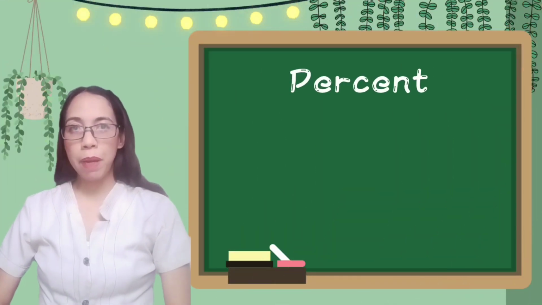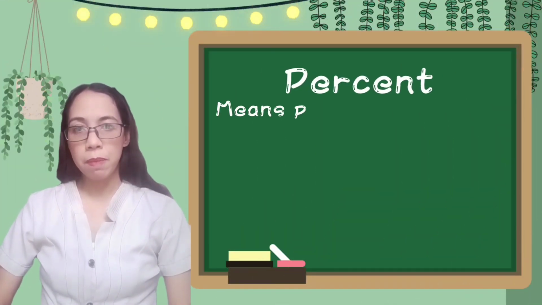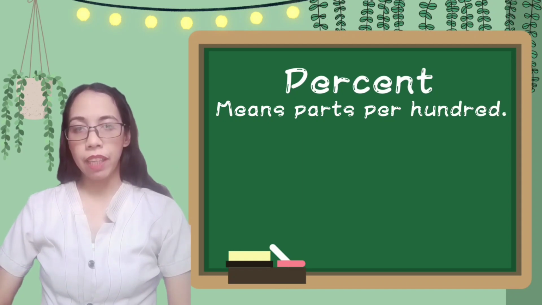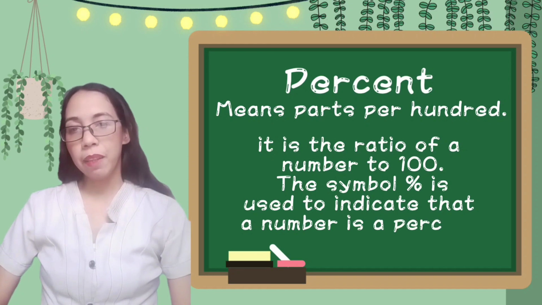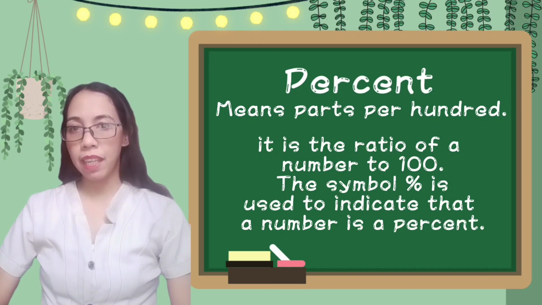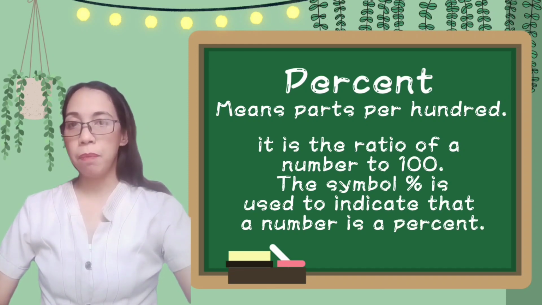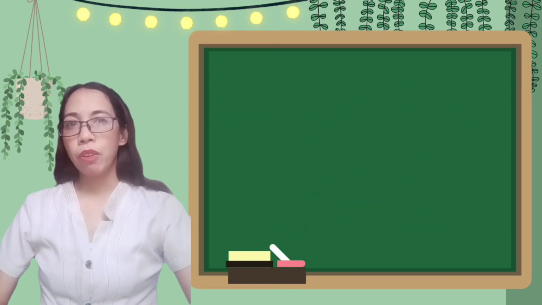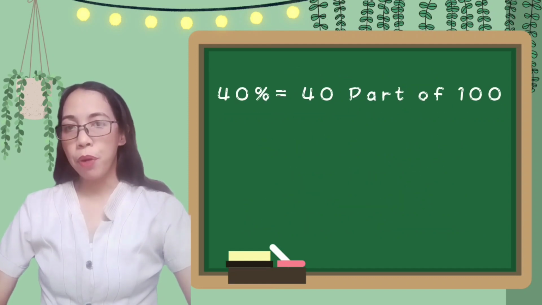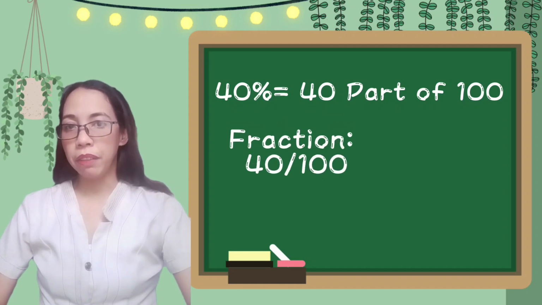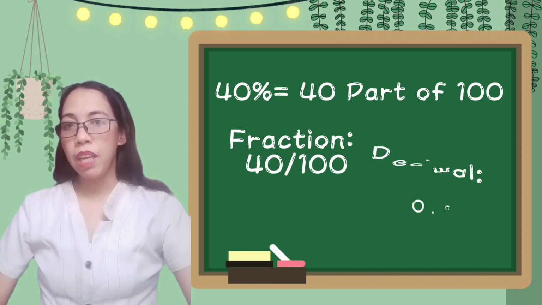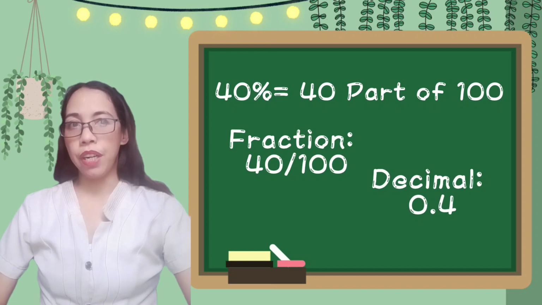So what do we mean by percents? Percent means part per hundred. It is the ratio of a number to 100. The percent symbol is used to indicate that a number is a percent. So let's have this example. 40% is equal to 40 parts of 100. So the fraction will be 40 over 100 and the decimal will be 0.4.